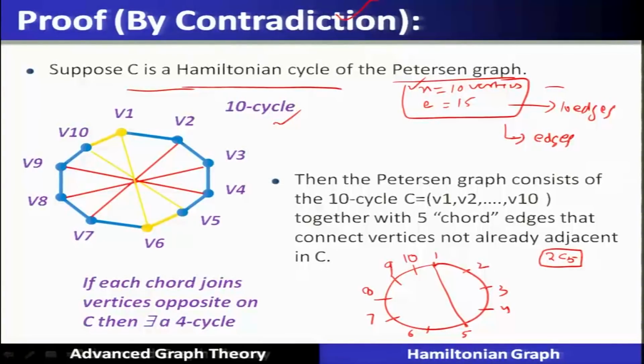Now, let us take 2, let us take 3, let us take 4. Now, the last one cannot be included. Why? Because there cannot be a cycle of length 4 or less than that.